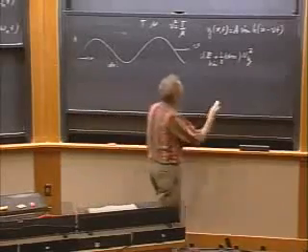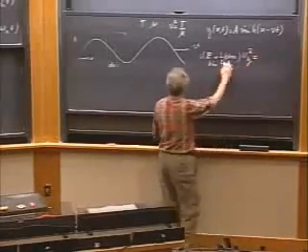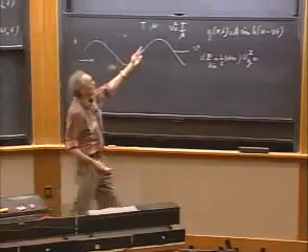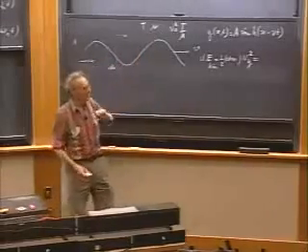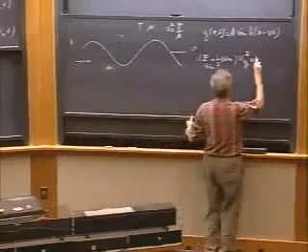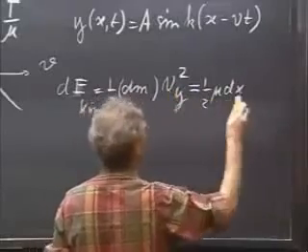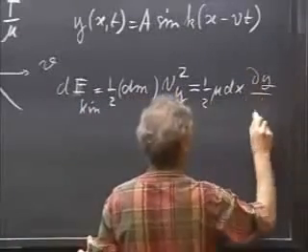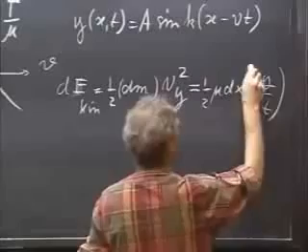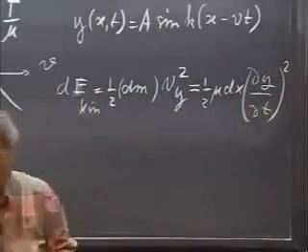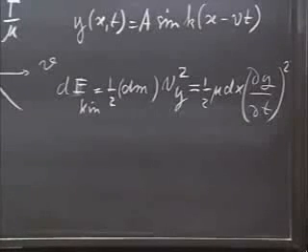So I can write this down. dm is obviously mu times dx. If I have a length dx here, and I have mu kilograms per meter, so I get here 1/2 mu dx times, for this, I write down (dy/dt) squared. It is the velocity in the y direction, and I use partial derivatives because I do it at a given location x.